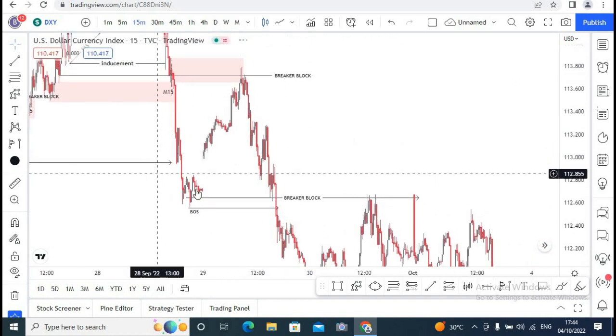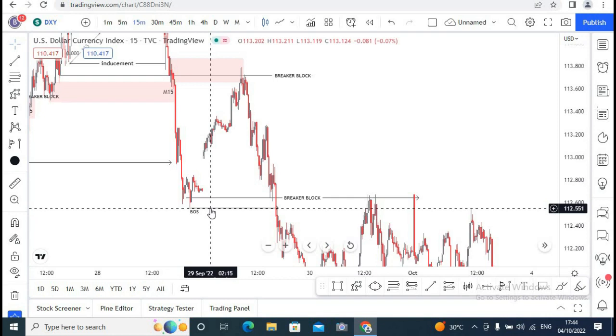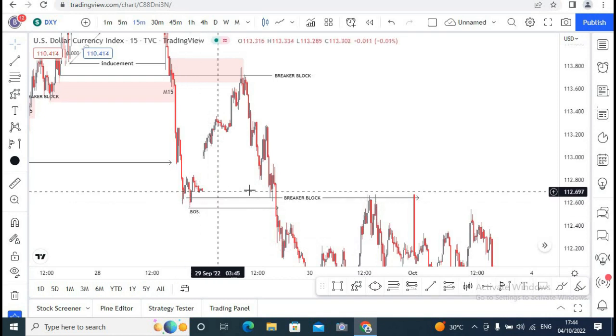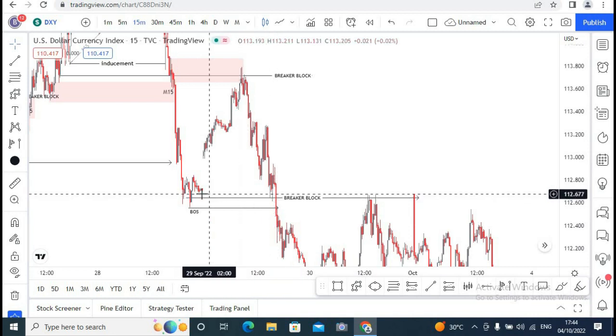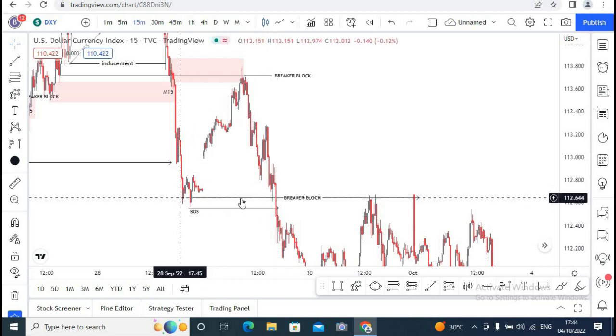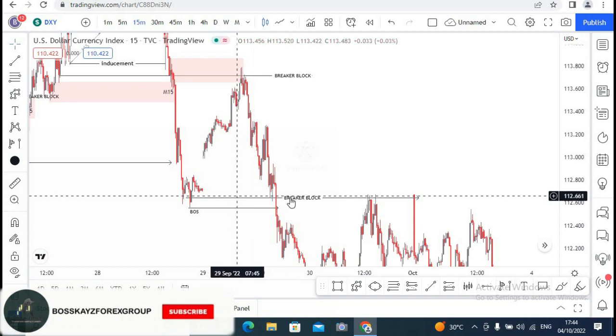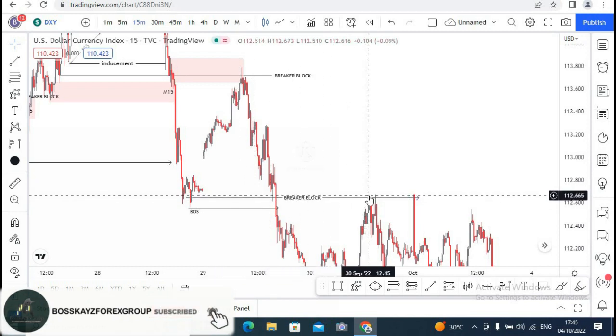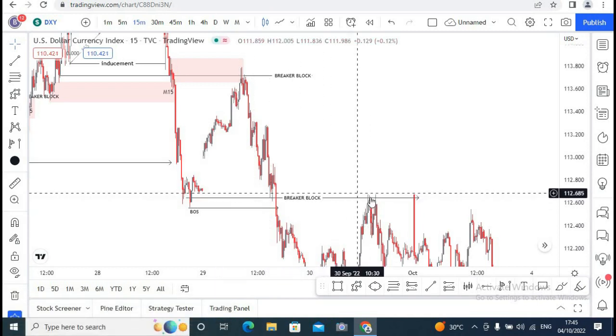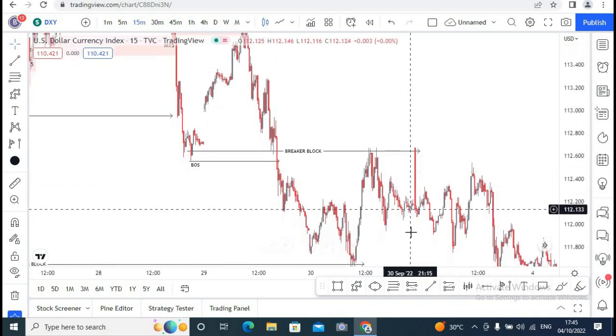As I said, whenever price gives you a break of structure, this is a demand level. So this is a failed demand, so the price will come and fill the orders which were not filled in a demand zone area, using it as a supply level, so that they will push the market to the downside.